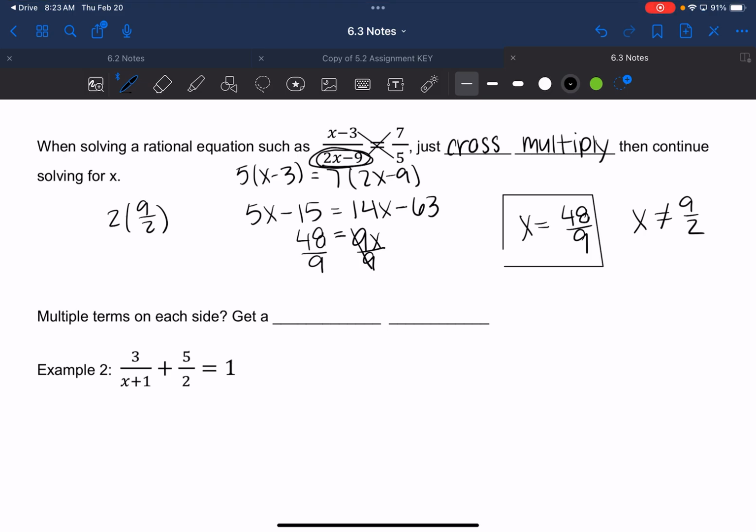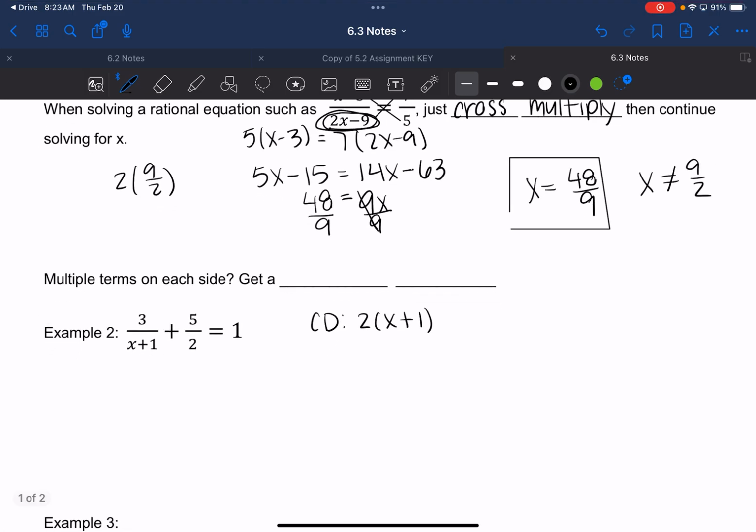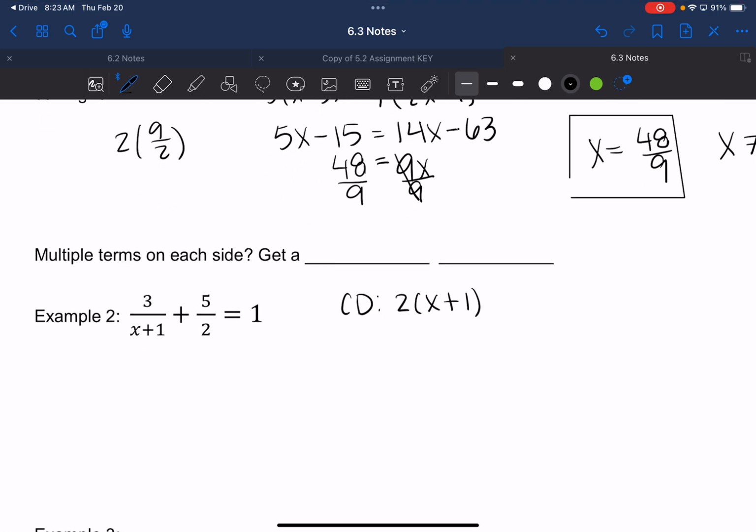So I want this entire equation to have a common denominator. So what would we say would be the common denominator for this example? Right. So I want every single one of these to have the denominator 2 times x plus 1. Okay? So what would we multiply that first fraction by so that we get the denominator 2 times x plus 1? 2.